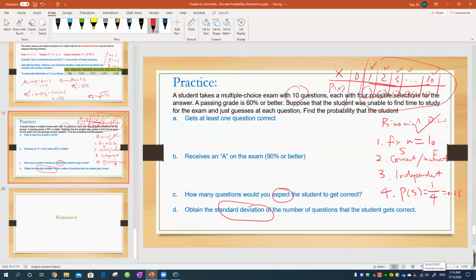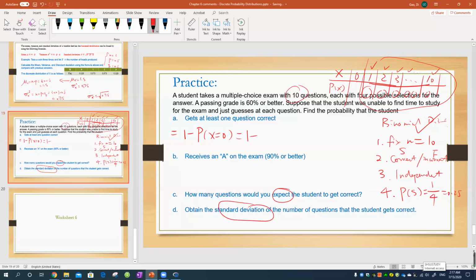Then we can look at the other way, because we know the sum of the probabilities equals 1, we just need to use 1 minus the probability of x taking 0, so no correct. At least one correct, we just use 1 minus no correct. Then it's going to be just one calculation.